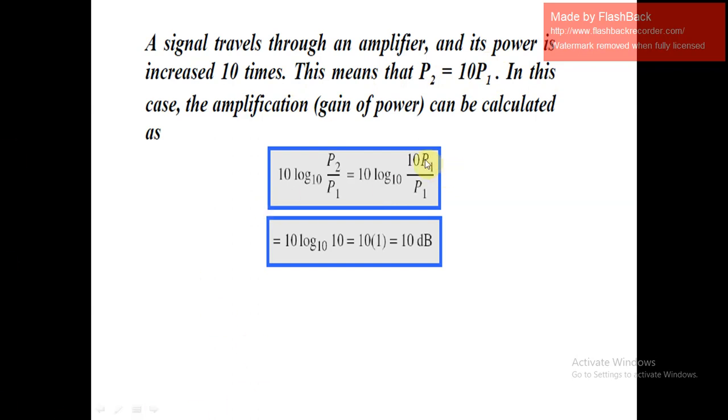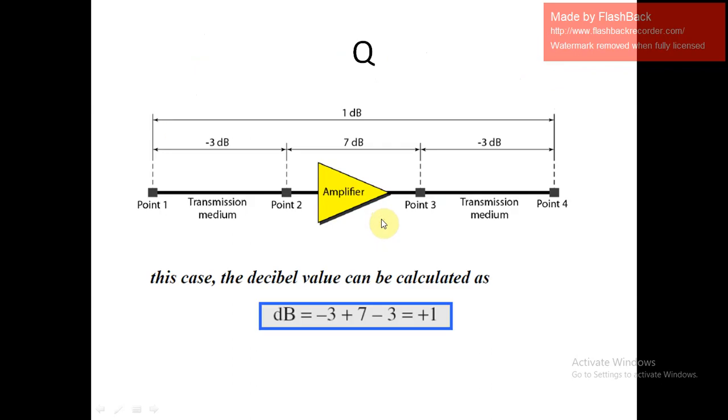You can see P2 is 10 times P1, and if you equate this, you have plus 10 dB. So what are the different types of questions? If you have a negative gain, that means it is a loss, and if the value is positive, that means there is an amplifier doing the amplification.